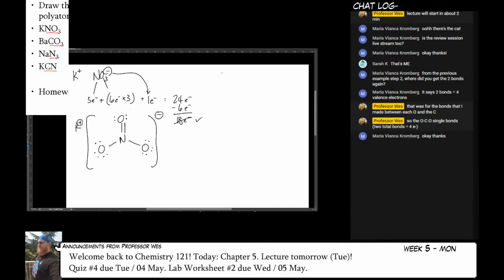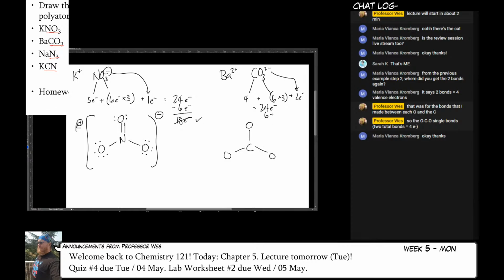If we do carbonate over here, you'll notice that you're going to get more or less the same situation because this is 4. This is 6 times 3. And then you get the 2 over here for this guy. You get 24 again. And when you draw the Lewis structure out, you get the same result.